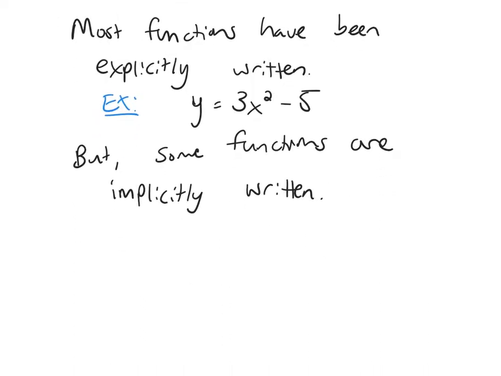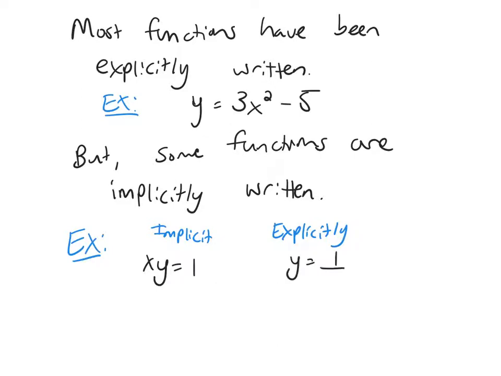So I'll give you an example here as well. For example, x times y equals 1. Now this is an implicitly written function. We could write it explicitly by solving for y.